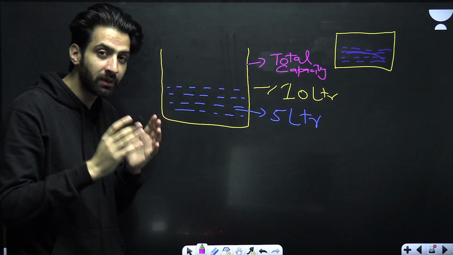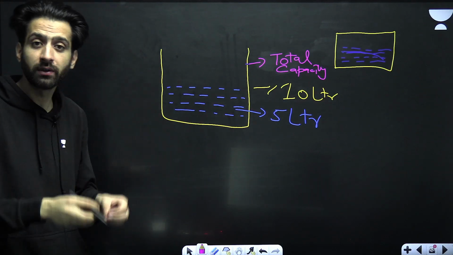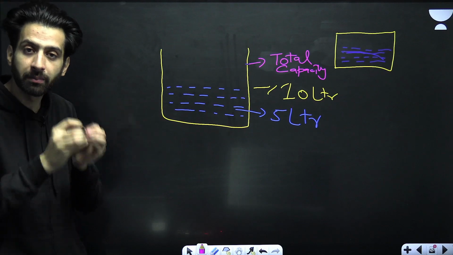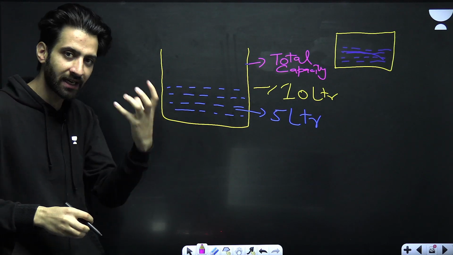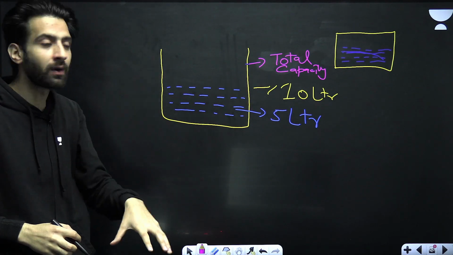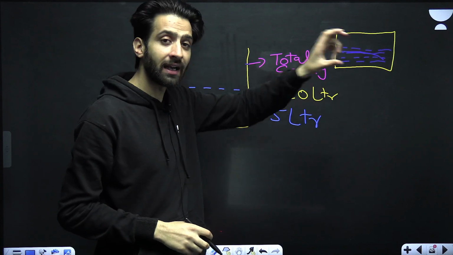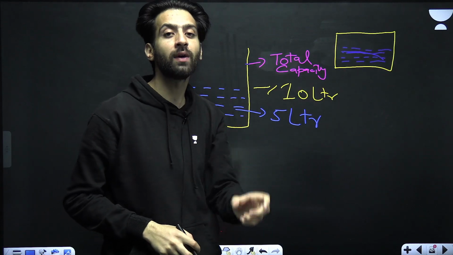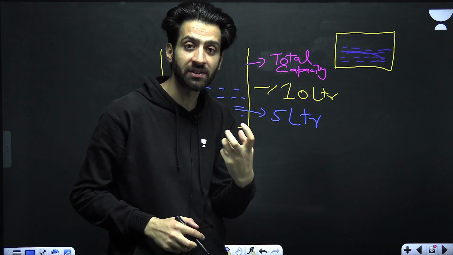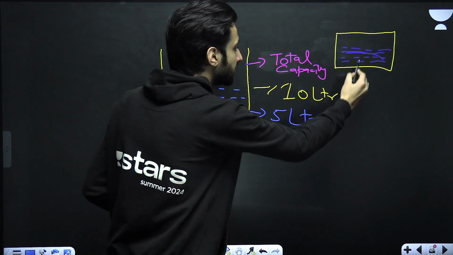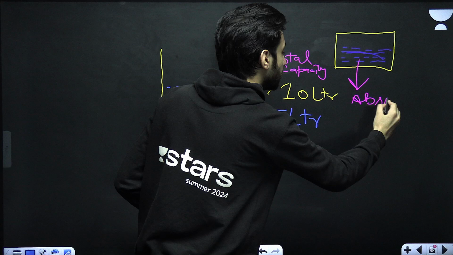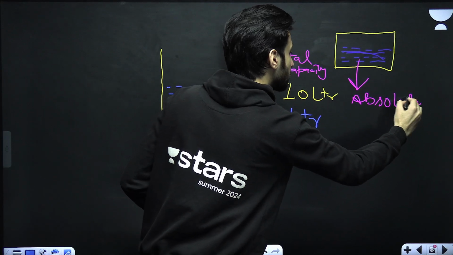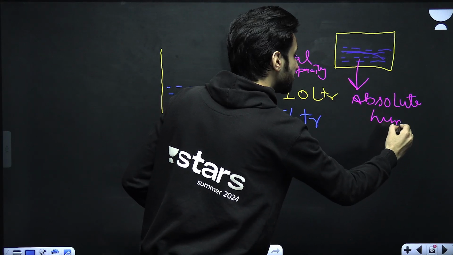Absolute humidity is the actual amount of vapor that is present in air. The 5 liters that is present is the absolute value. Likewise, this much that is present is the absolute value of how much vapor is present. So the part here in blue is the absolute humidity.